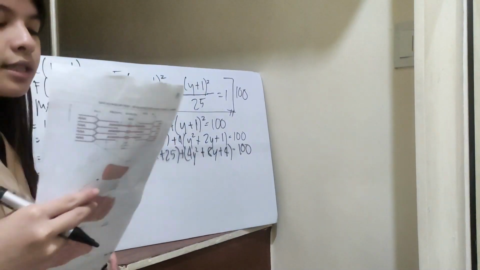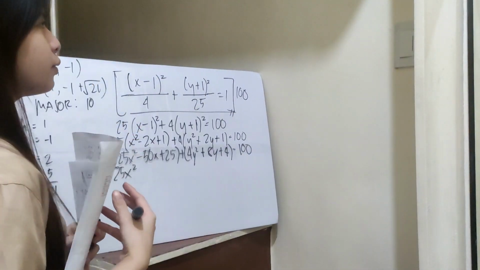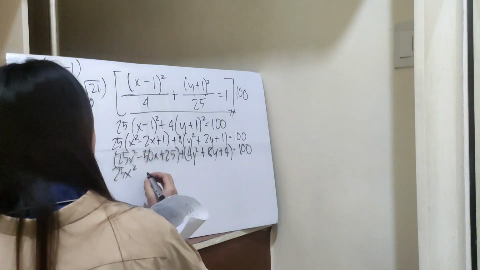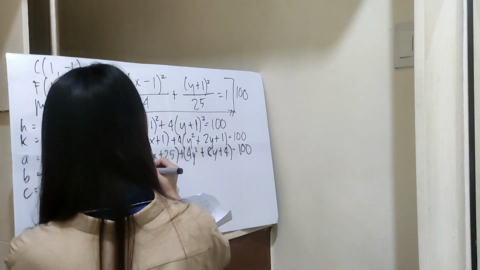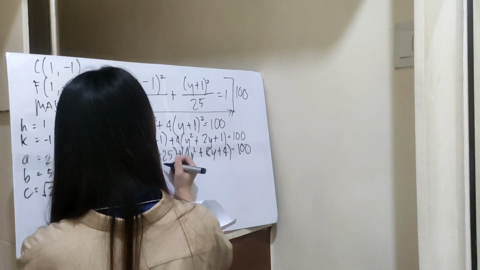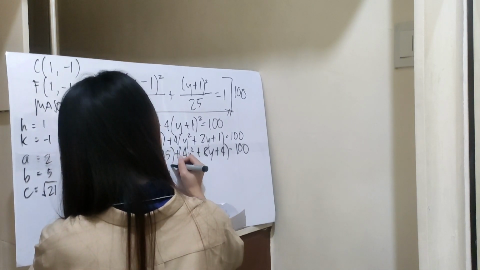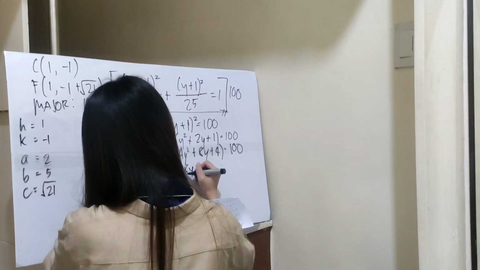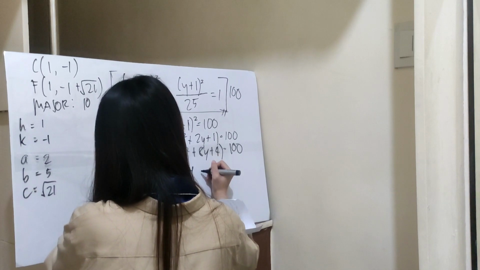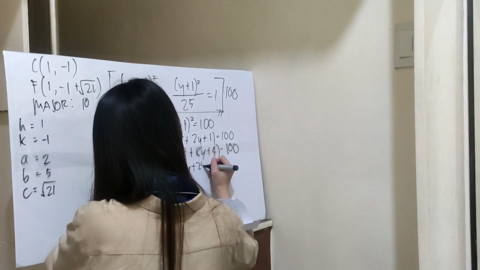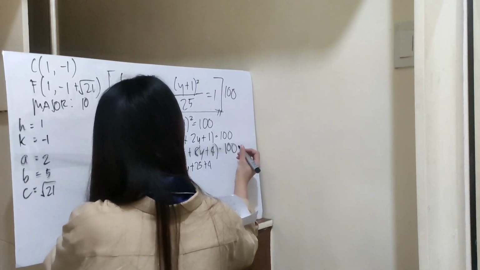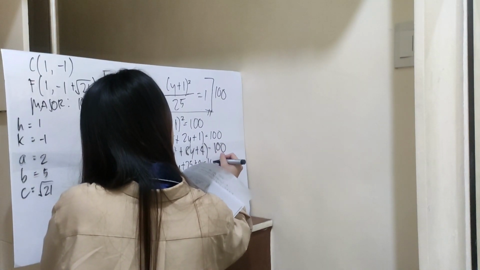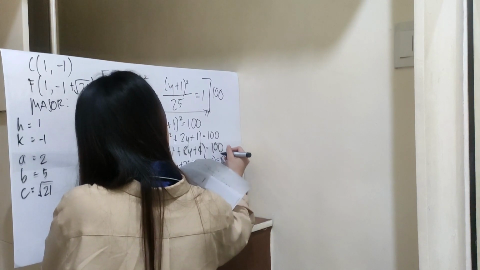And then next, we will arrange the equation, which will be 25x squared plus 4y squared minus 50x plus 8y, and then we add 25 plus 4, and then we move the 100 to the left side, which will be minus 100 equals 0.